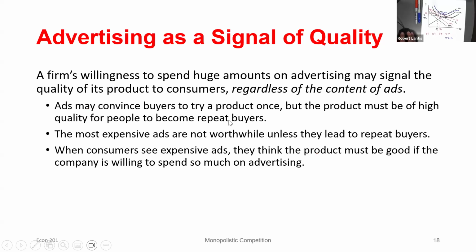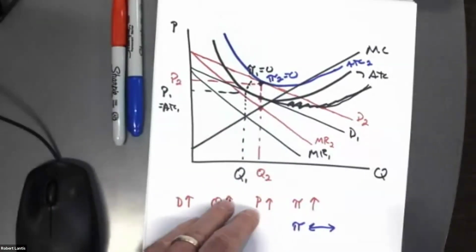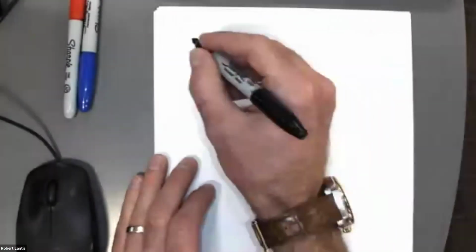So there are two more things I want to think about today in terms of advertising and monopolistically competitive firms. I don't want to confuse you too much, so we'll just do one more thing. Let's assume we're thinking about a perfectly competitive market, and we want to compare this to monopolistically competitive markets.